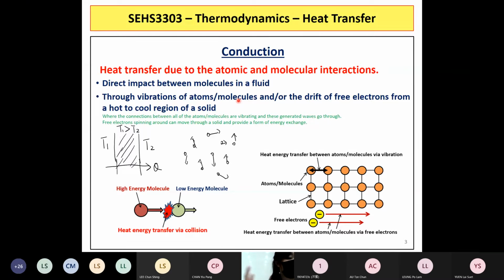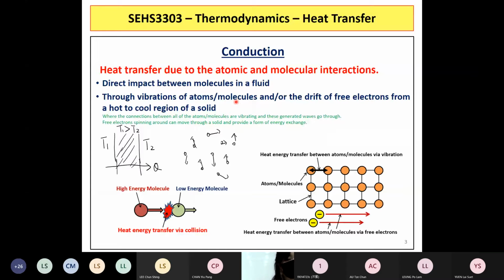The conduction can happen through the vibration of the molecules and the drift of free electrons. Because in a thermal conductor, there are more free electrons than in thermal insulators. So thermal insulators are materials that can only transfer conduction by the vibration of molecules.